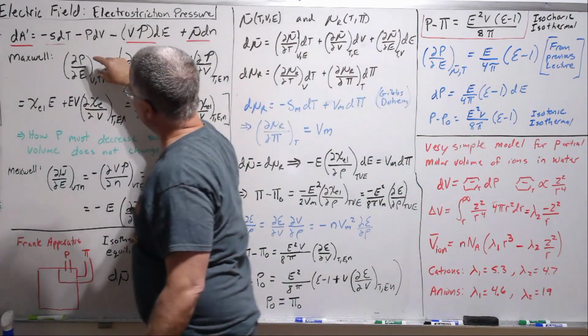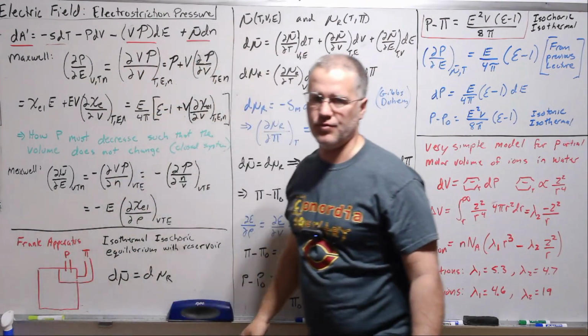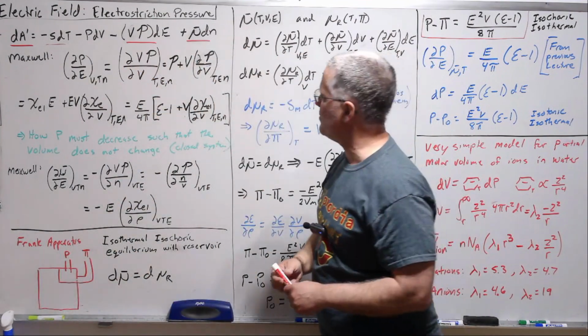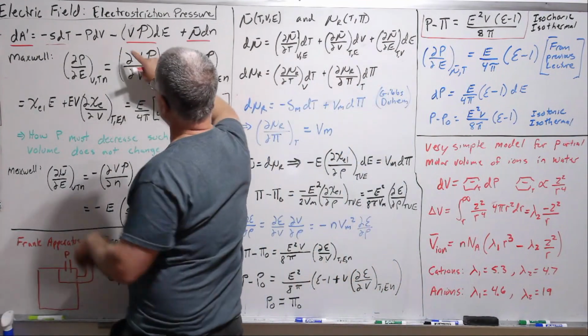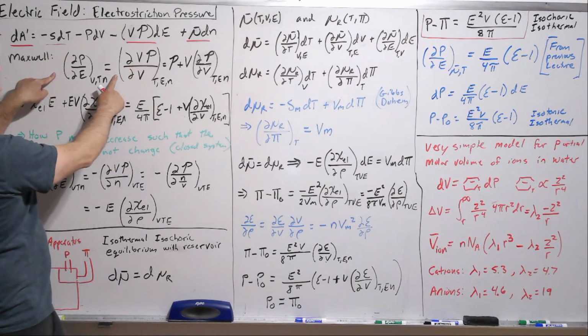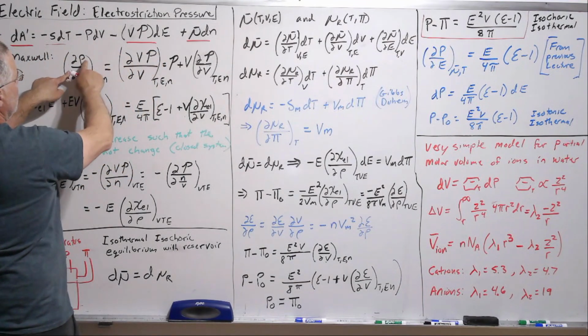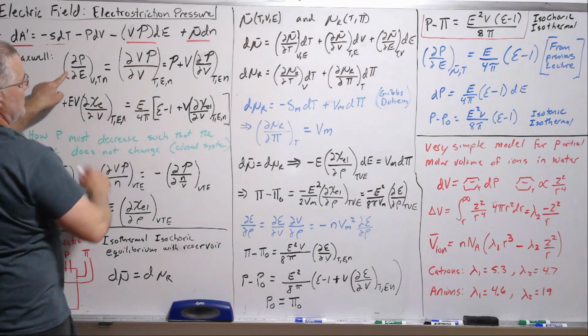We're going to be looking at the pressure change with the field. We had been focusing on volume, but let's look at the pressure change. So we get a Maxwell relation with these two. Signs are the same, so those will cancel. And so then we'll get dP/dE equals dP/dV.